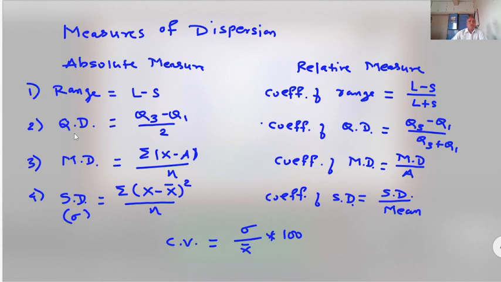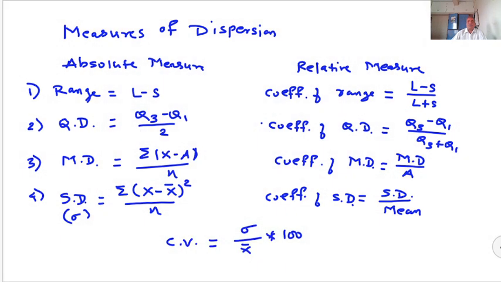Second measure of dispersion is quartile deviation. It is one half the difference between third quartile and first quartile, that is Q3 minus Q1 divided by 2. We know that there are three quartiles, Q1, Q2 and Q3. Q3 minus Q1 is called the interquartile range, and dividing it by 2 gives the semi interquartile range, which is the definition of the quartile deviation.